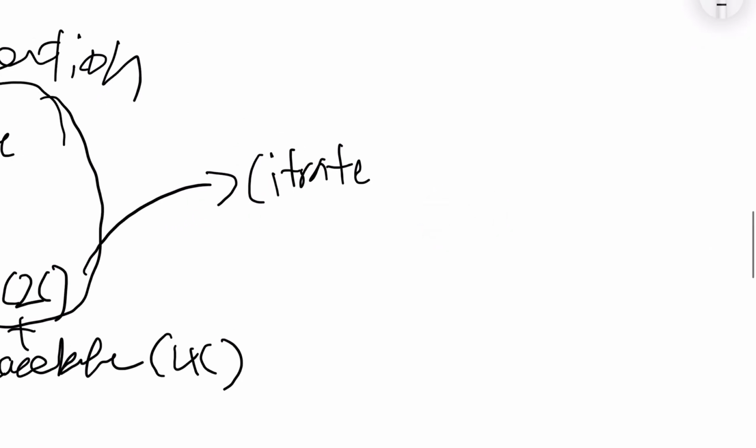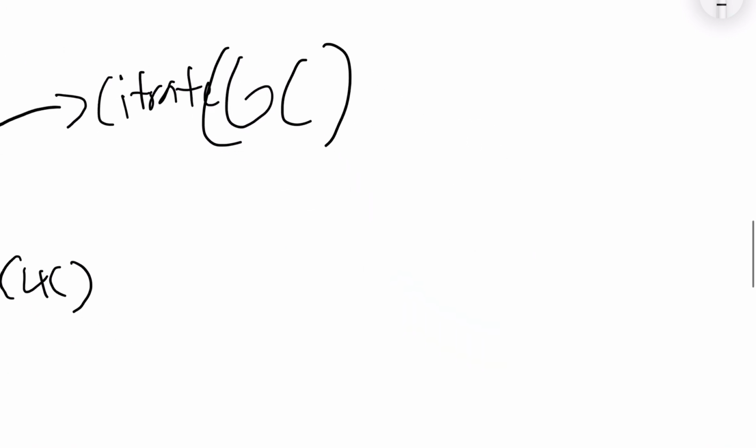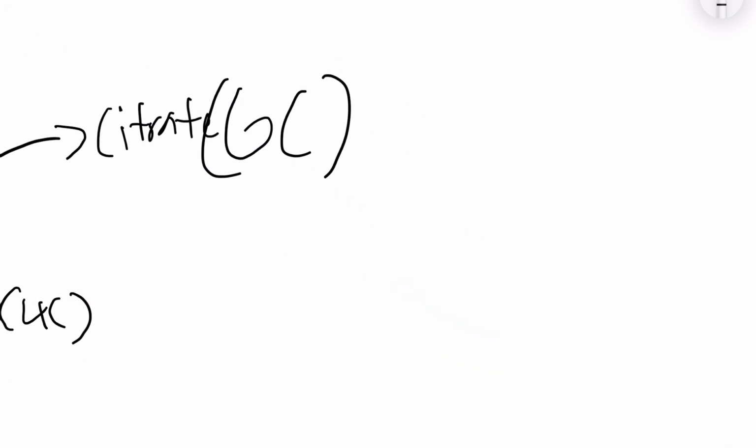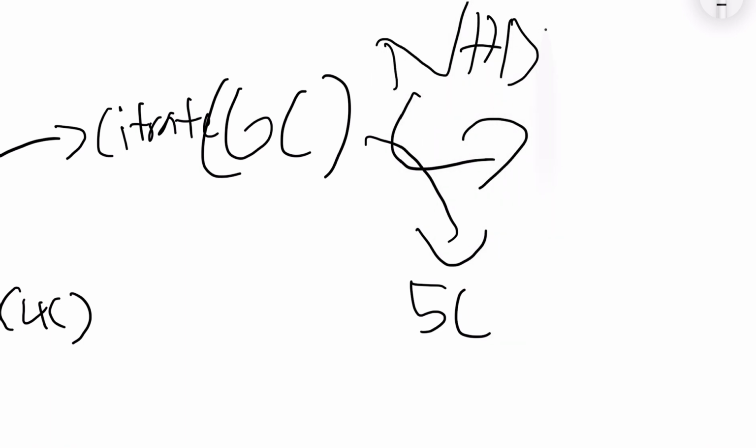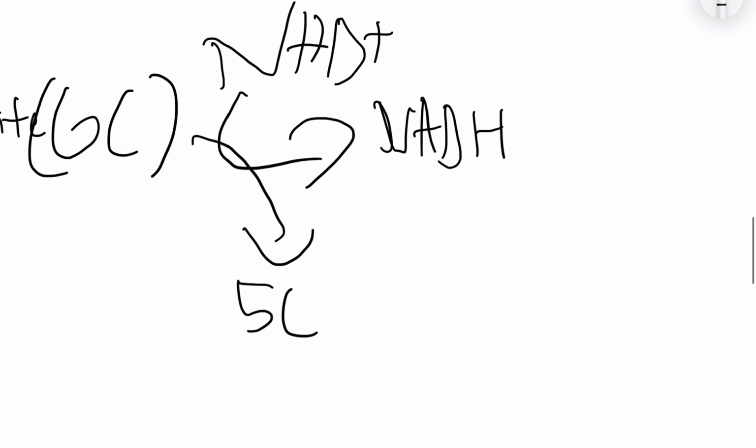So citrate is six carbons, and it is converted to a five-carbon molecule. For simplicity, I will not be dwelling on what the names are and what exactly happens, but just understand that NAD plus becomes NADH, and also you have another hydrogen.